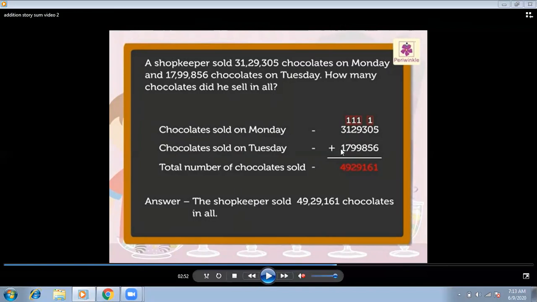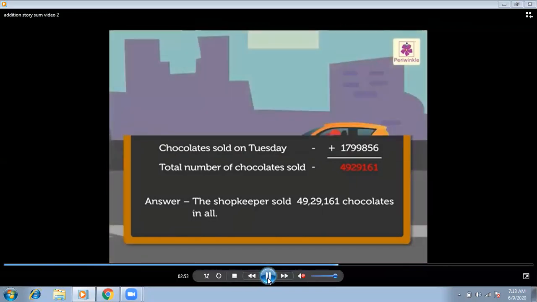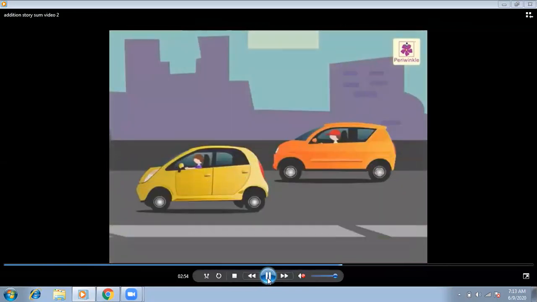So how are you going to make this ending statement? By taking the last statement of the question. It means you have written how many chocolates. So now you have found that this many chocolates he sold in all. So you will write: the shopkeeper sold 49,29,161 chocolates in all.